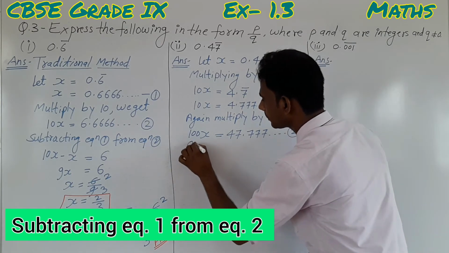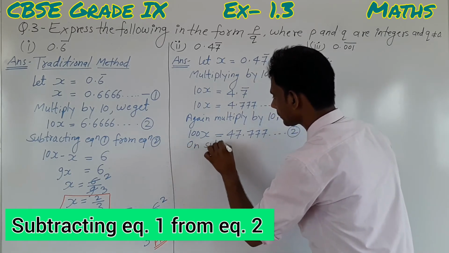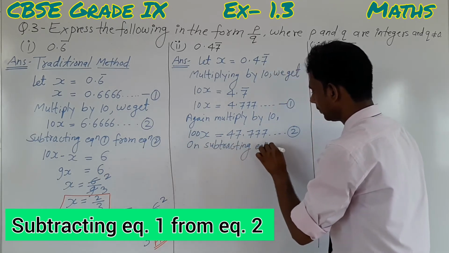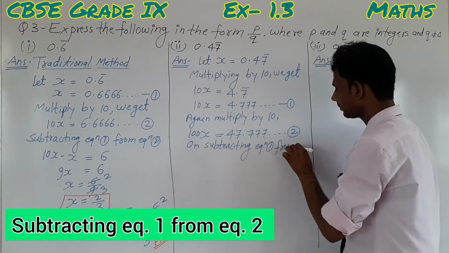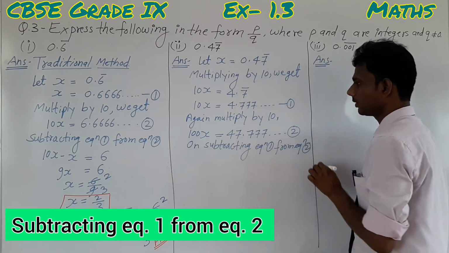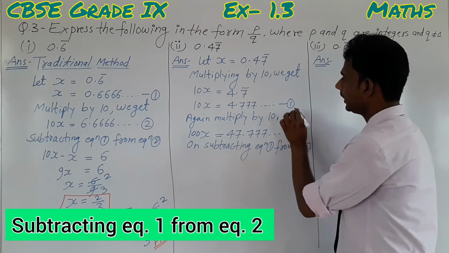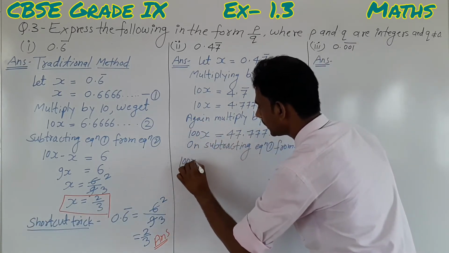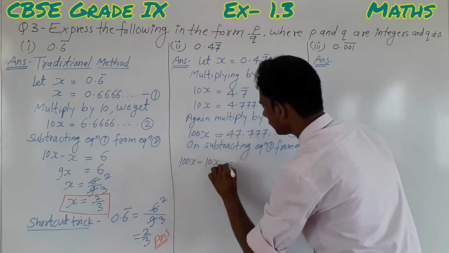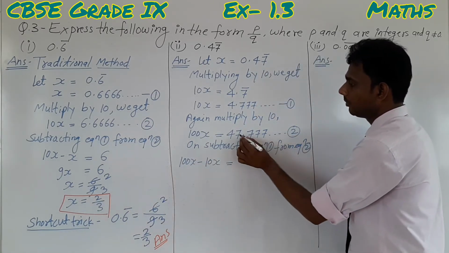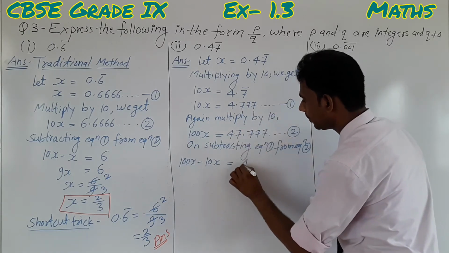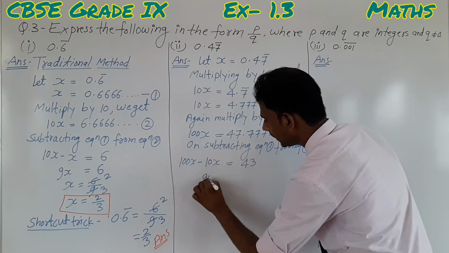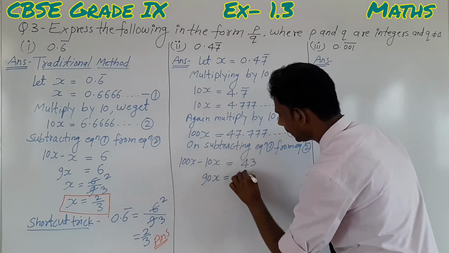On subtracting equation 1 from equation 2, we get 100x minus 10x, equal to 47 minus 4, which is 43. 100x minus 10x is 90x, equal to 43.